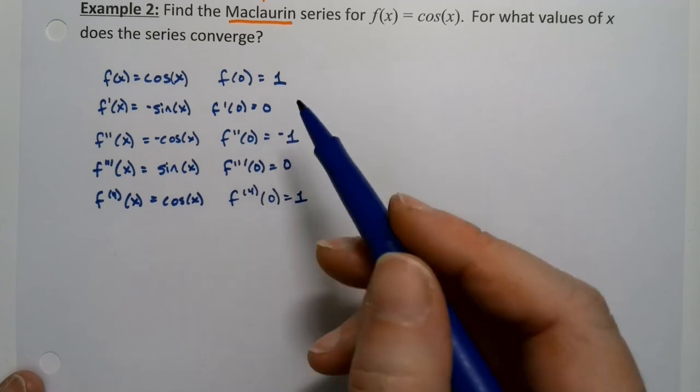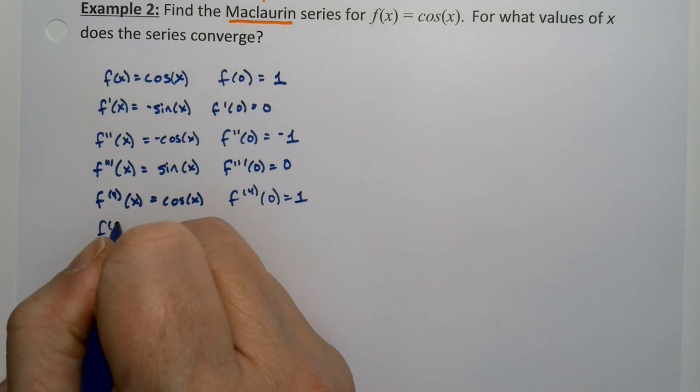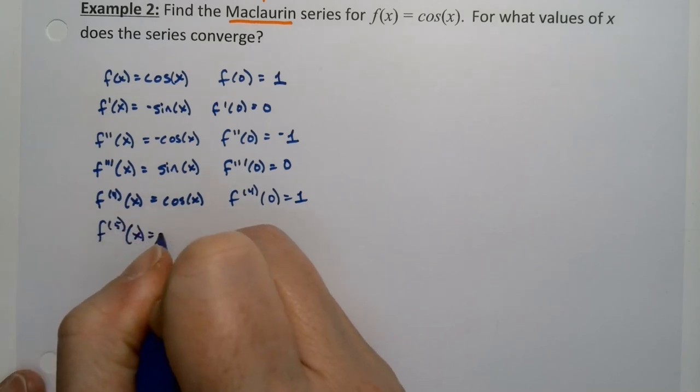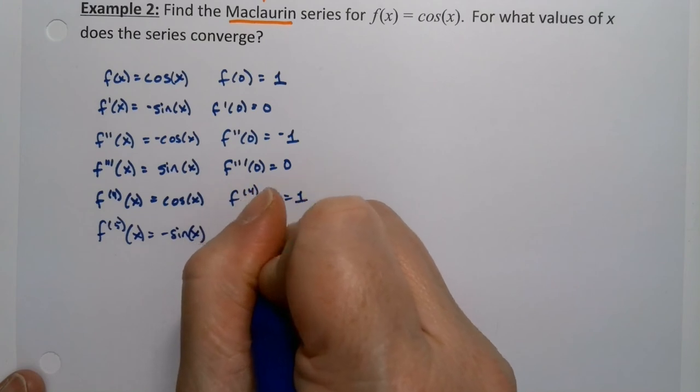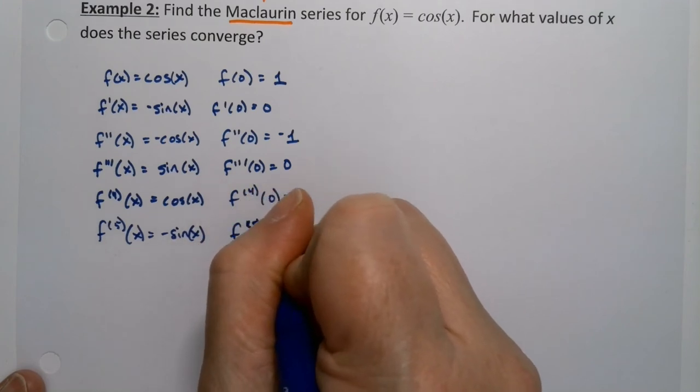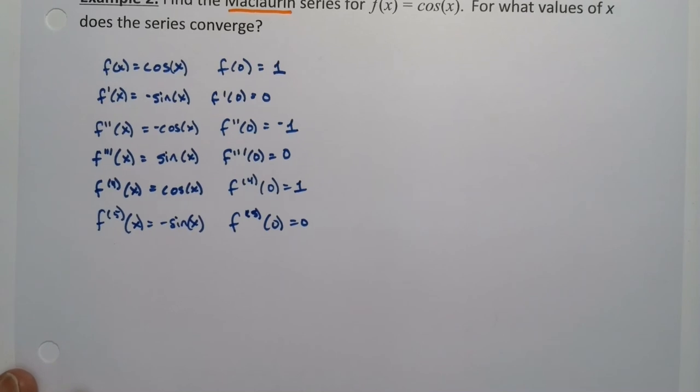Now think about what that means. That means that all the odd derivatives, so for example, the fifth one would be negative sine again, will be 0, and there won't be any terms for that. Interesting. So let's write it out.